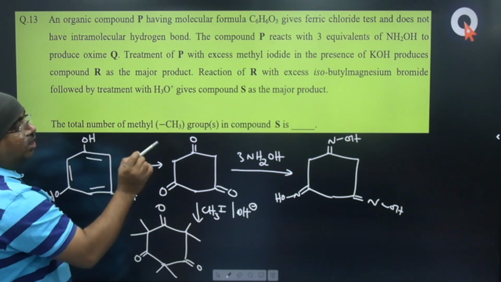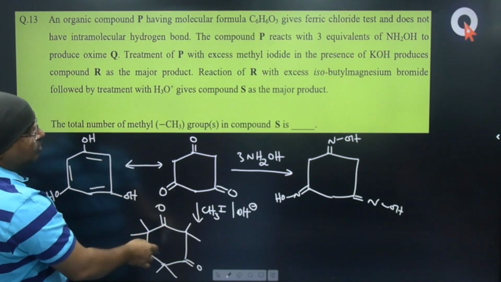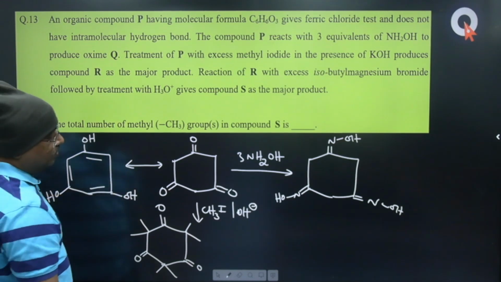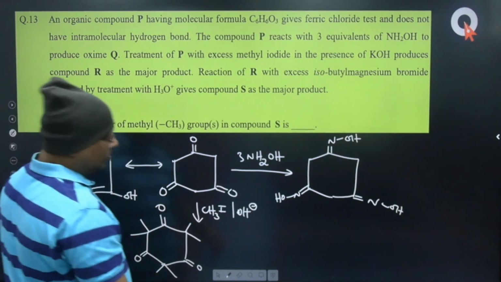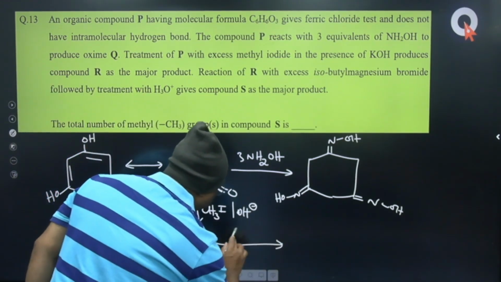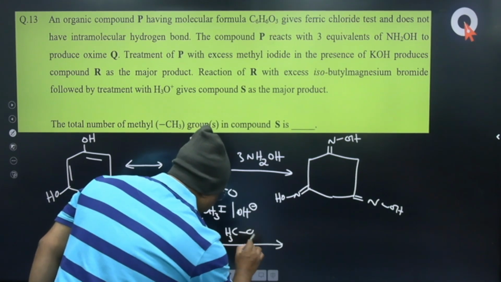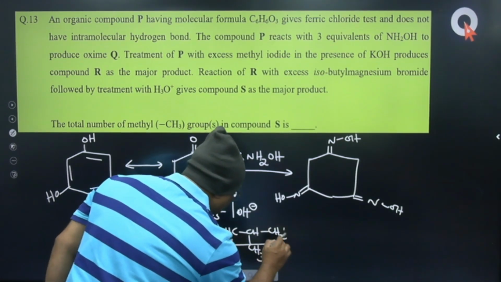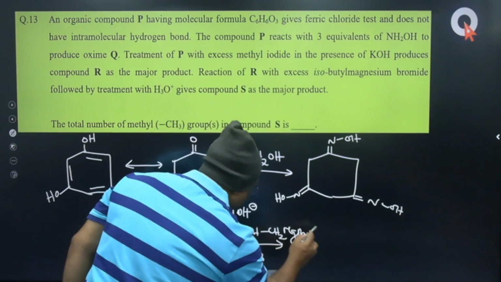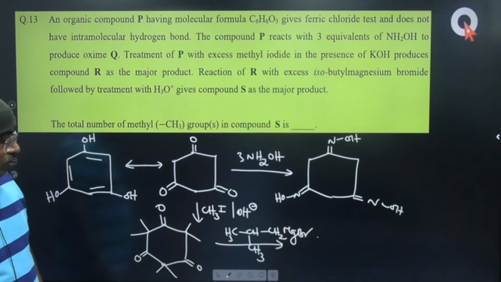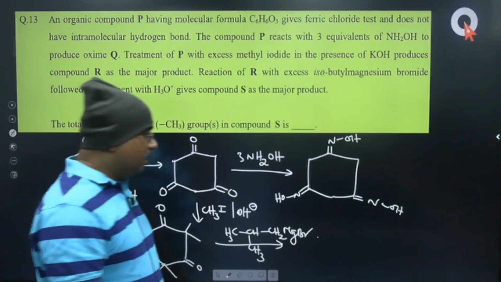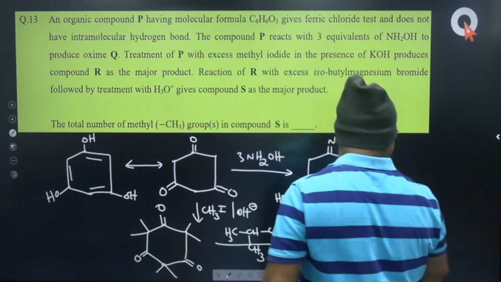Now, if you are reacting this one, which is R, with isobutyl magnesium bromide. So isobutyl is CH3, CH3 and CH2, MgBr. So it can add here. So finally you may see this.